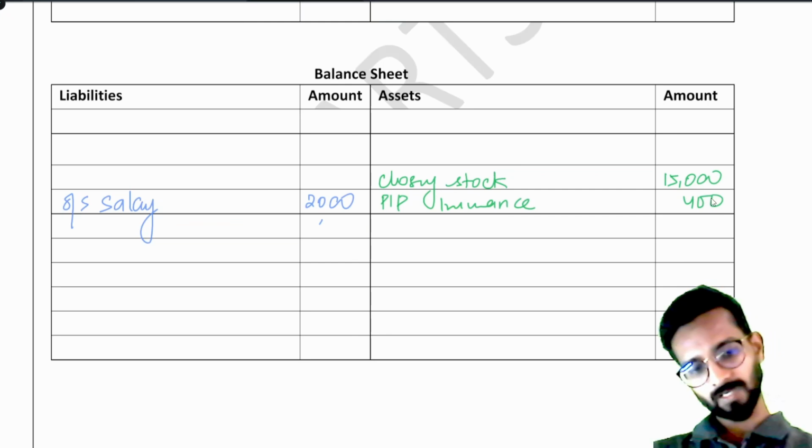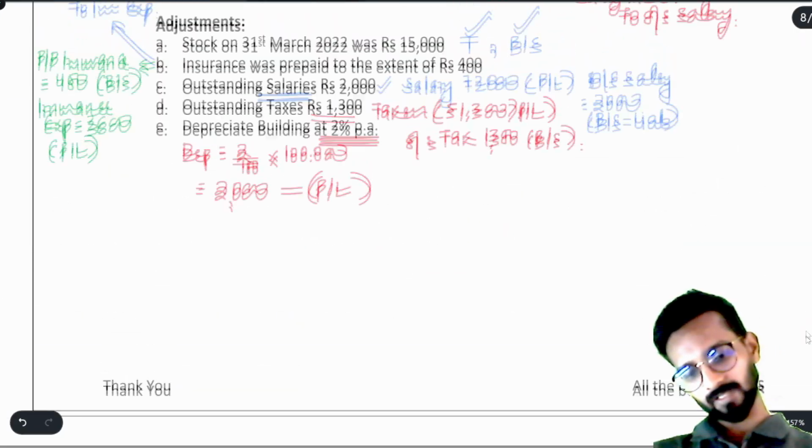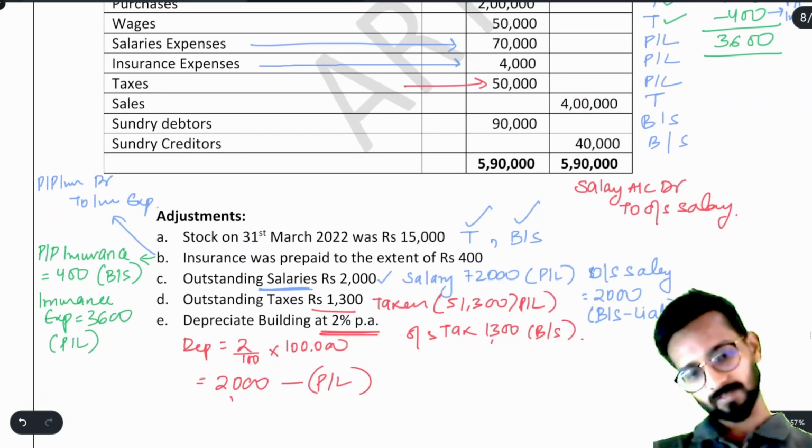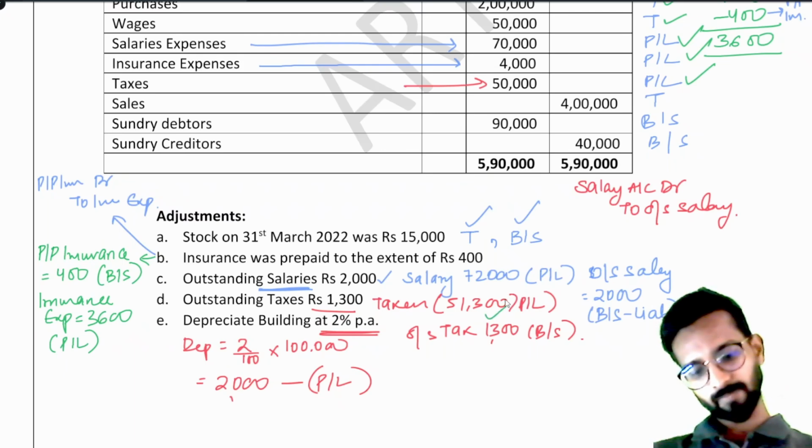400. Now after that, taxes. This is done. Taxes we are doing 50,000 was there, but you have to write 51,300 in P&L and 1,300 in balance sheet liability.